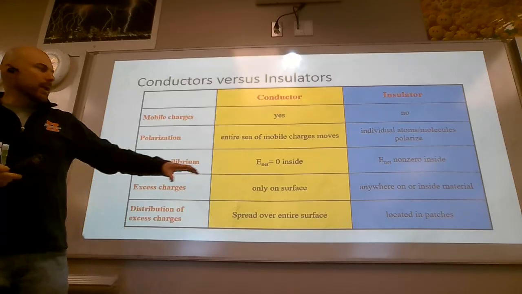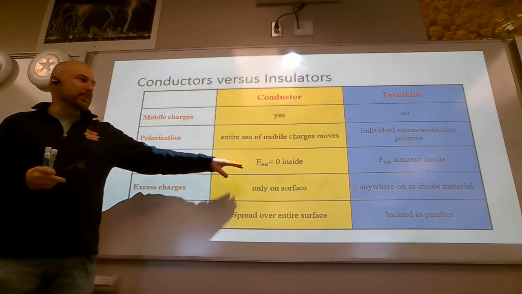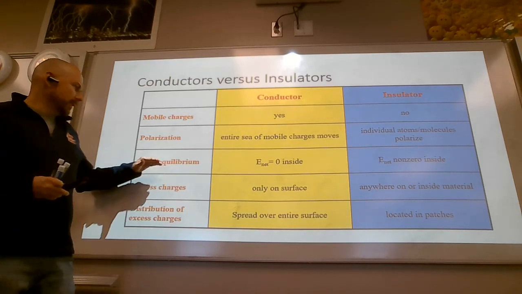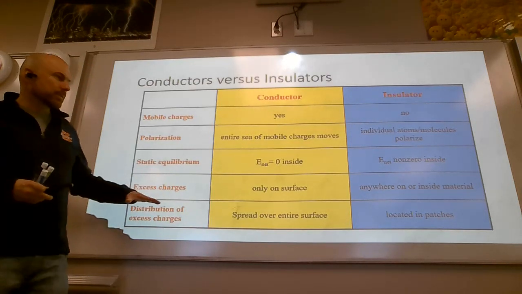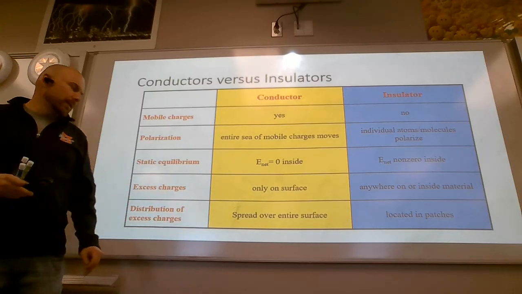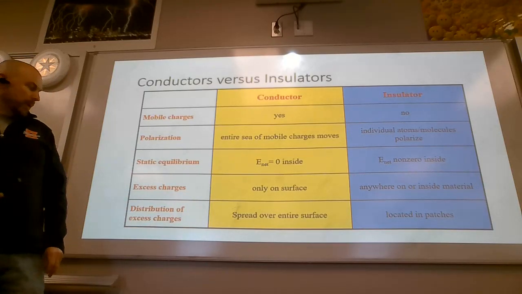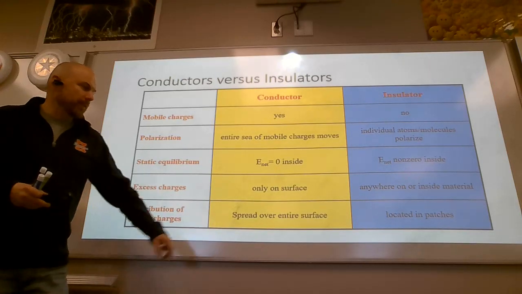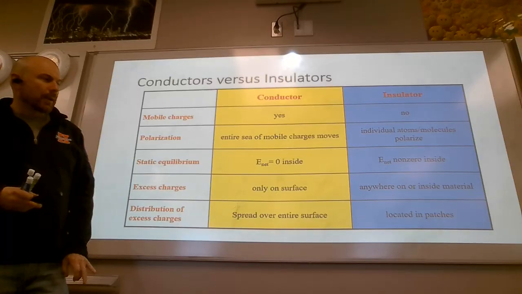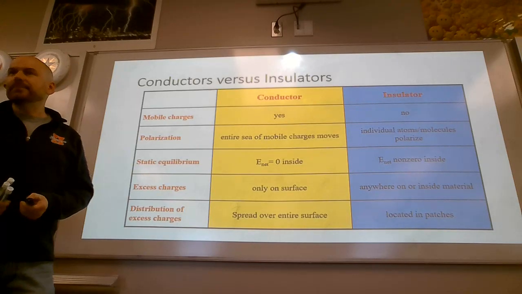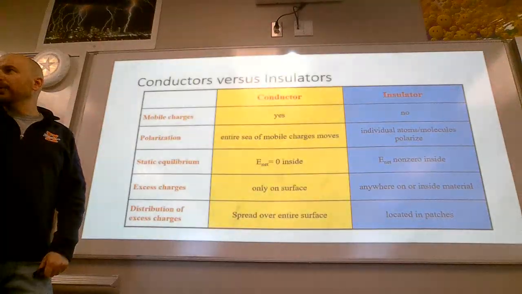Static equilibrium, the net electric field inside is equal to 0. Net electric field is not equal to 0 on the inside if there's an external field. Excess charge is only on the surface, and an insulator could be anywhere. The distribution is spread out on the entire surface, and it could be located anywhere. It could be located in patches. So that summarizes what we just went through.